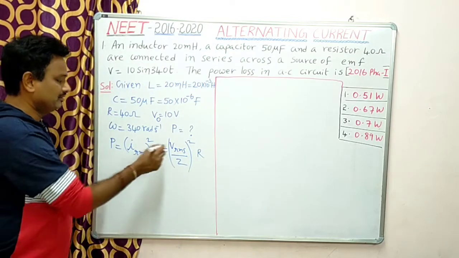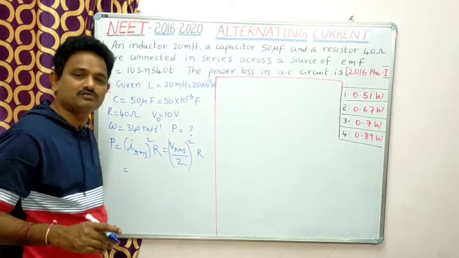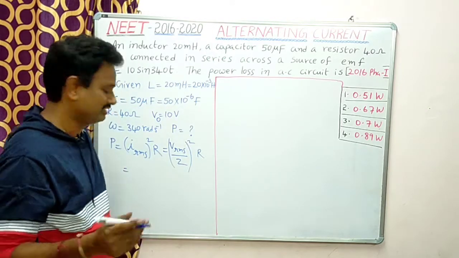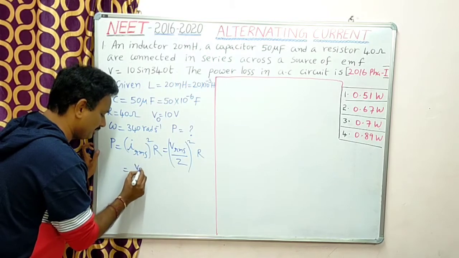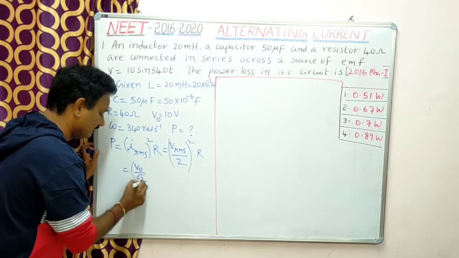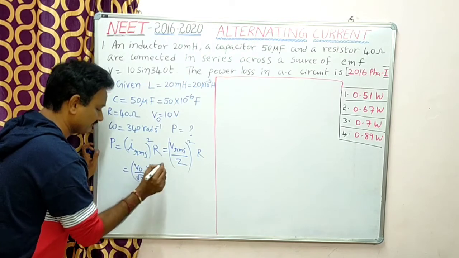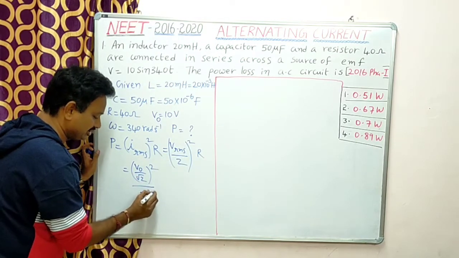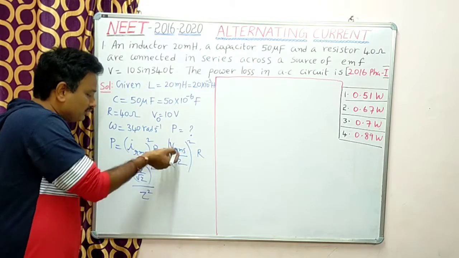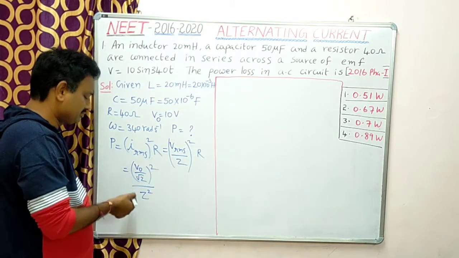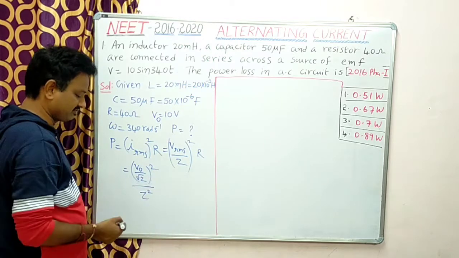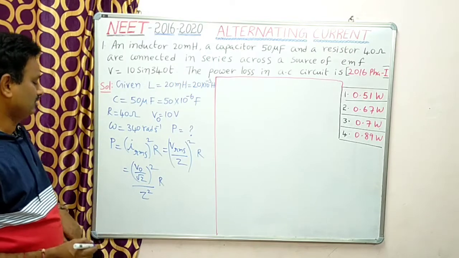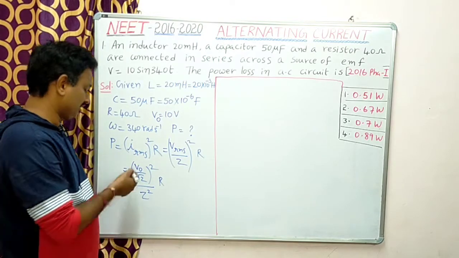Here V RMS, in terms of V naught, that means in terms of peak value of voltage, is V naught by root 2, whole square, by Z square. See, I distributed the square to both V RMS and Z. So V RMS means V naught by root 2 whole square by Z square into R. Now I will substitute 10 volt in the place of V naught.